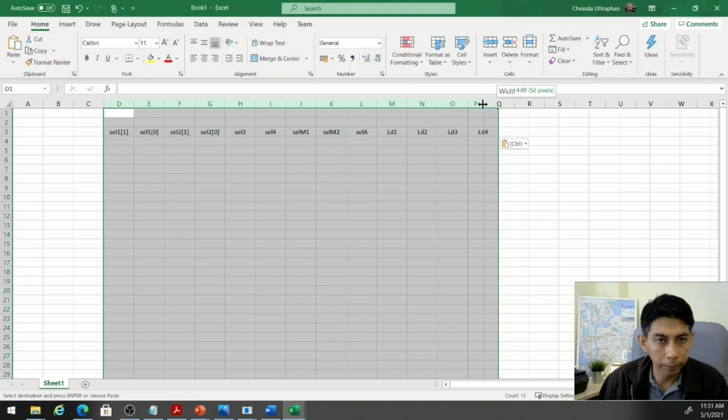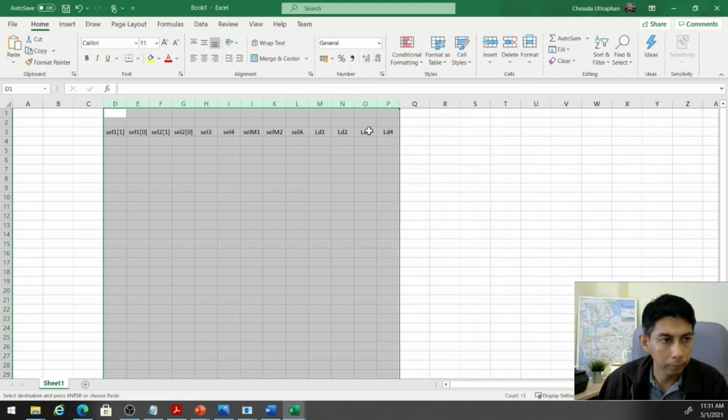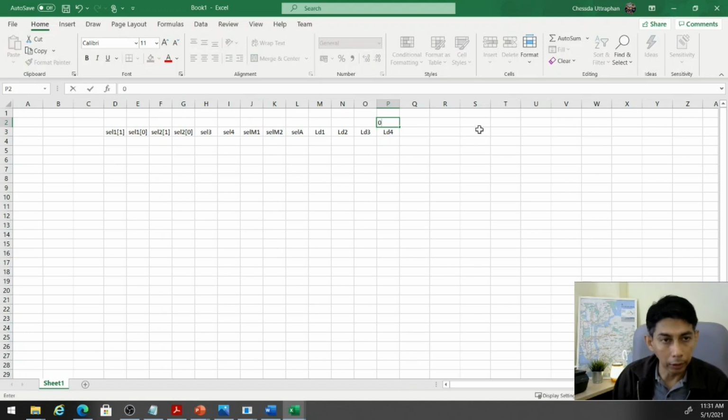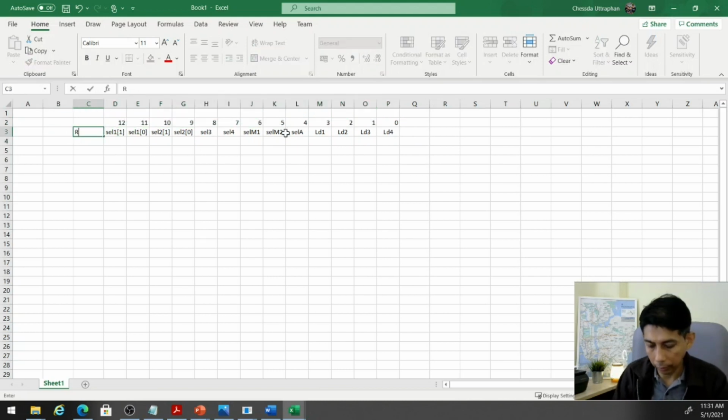Let me make it smaller. Okay, so this is bit number 0, this is bit number 1, bit number 2, and we have until bit number 12, and here we write the RTL code.